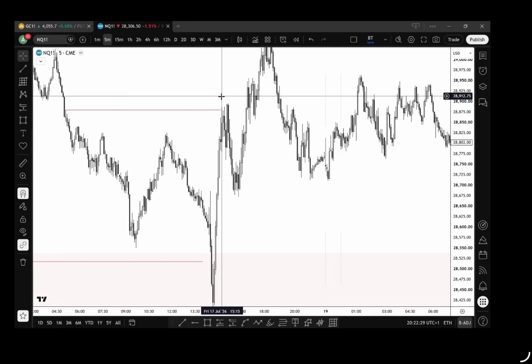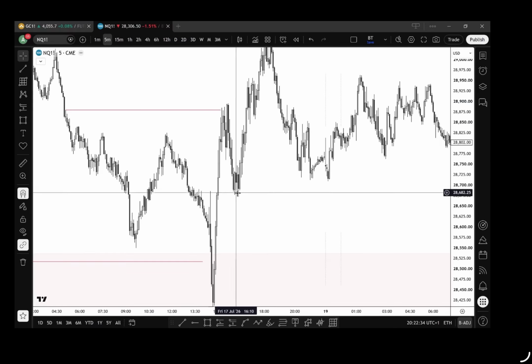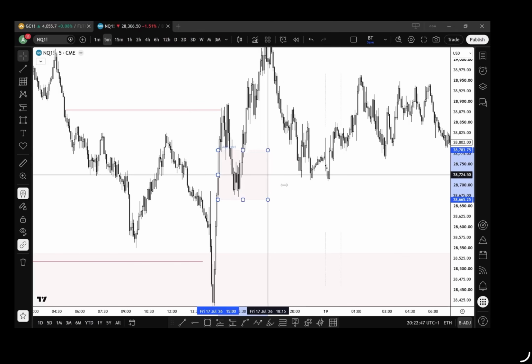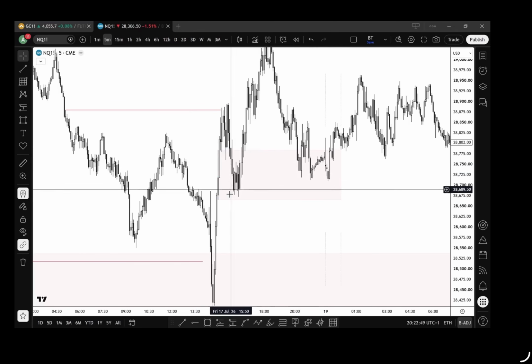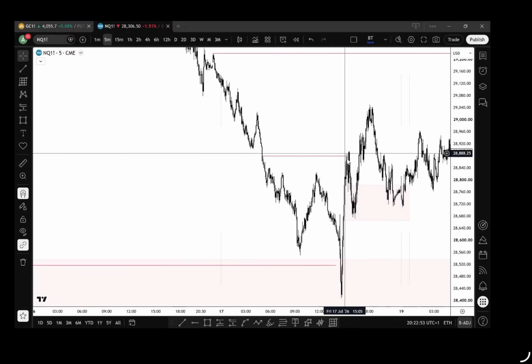We break structure to the upside, we come back down to the lows, we respect the lows and we move away. Now what I like to do is mark out the candle that led to that breaker structure. So this candle, you can see how we respected the low and then we moved away. We broke structure back to the upside.